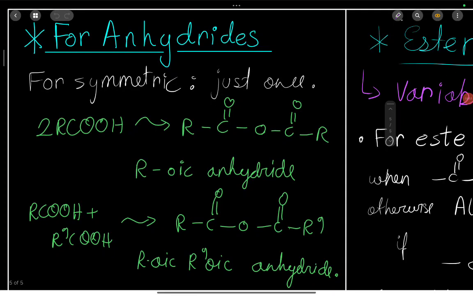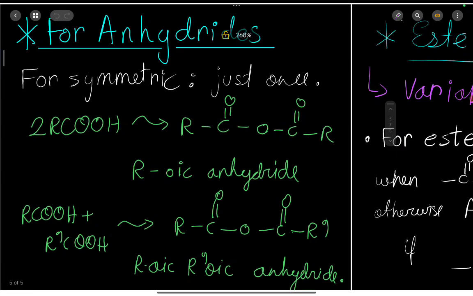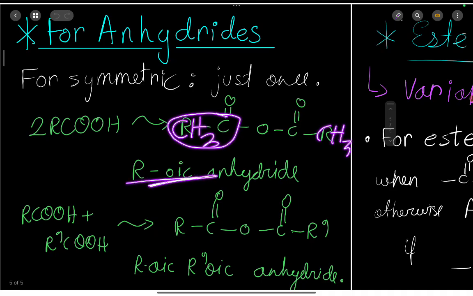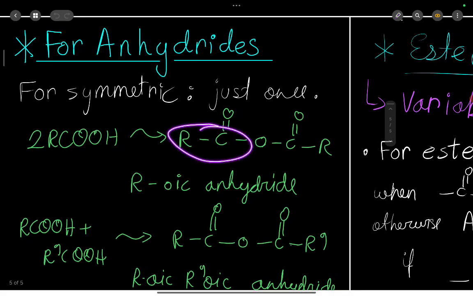For example, say this group was methyl. Don't get trapped, there can be a CH3 here, CH3 also here. But if there are 2 methyl like this, with the carbonyl carbons, this is ethane. Don't call it methanoic anhydride, because it will be ethanoic anhydride since there are 2 carbons here.